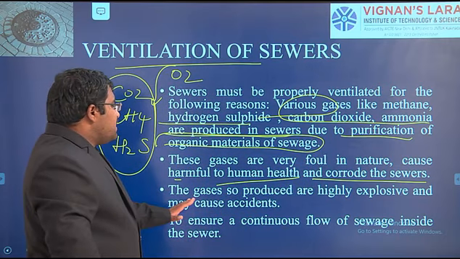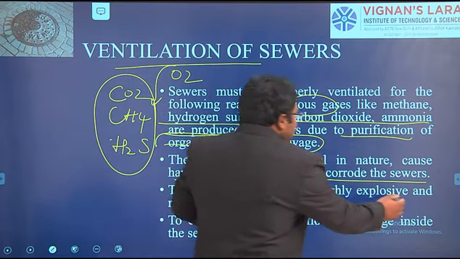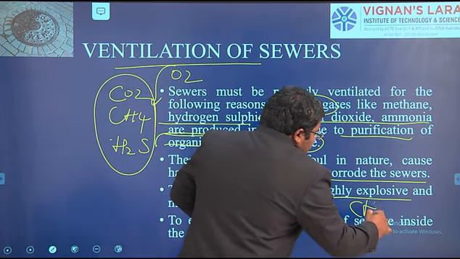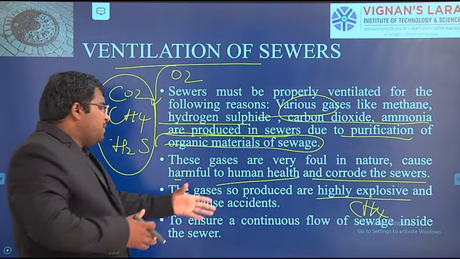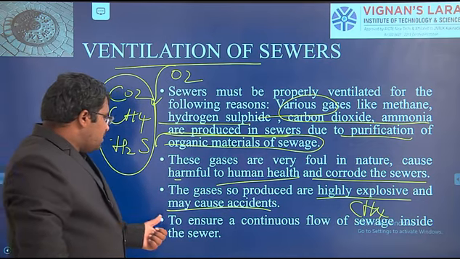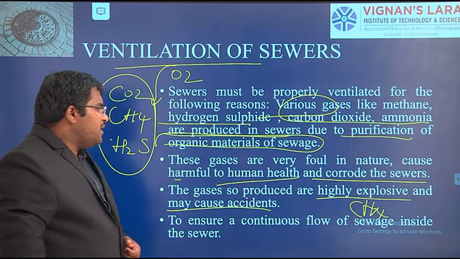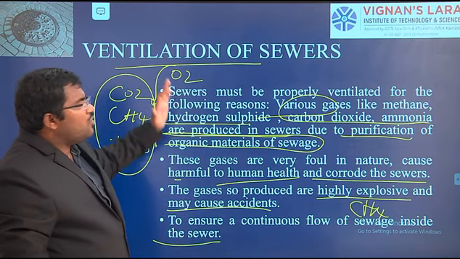Then the gases so produced are highly explosive. Which gas is highly explosive here? Only methane, right? Methane has some calorific value. It is more explosive and may cause fire accidents. Okay, so this is the reason. Next, to ensure a continuous flow inside the sewer, to check this also you have to go for ventilation.